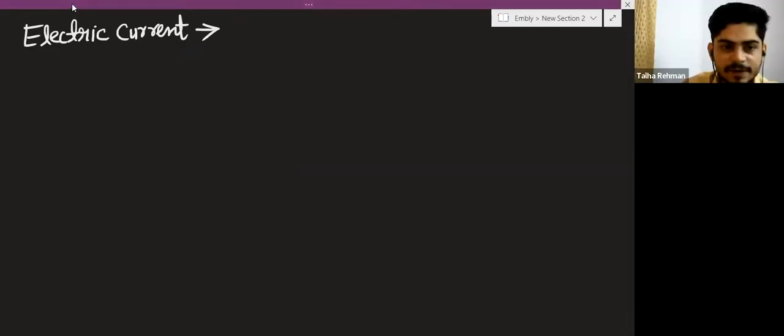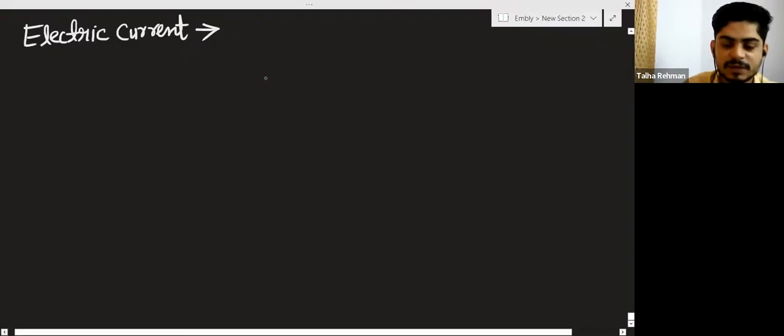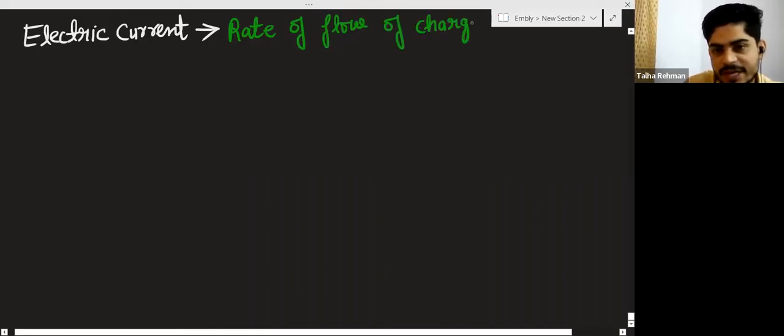The definition of electric current is the rate of flow of charge. We have seen rate many times, like, just as an example, rate of change of momentum.